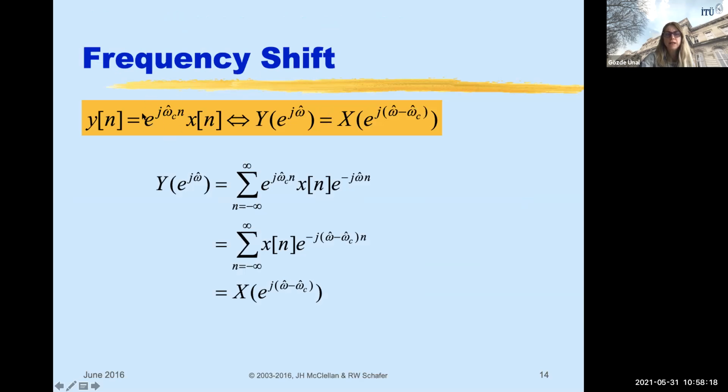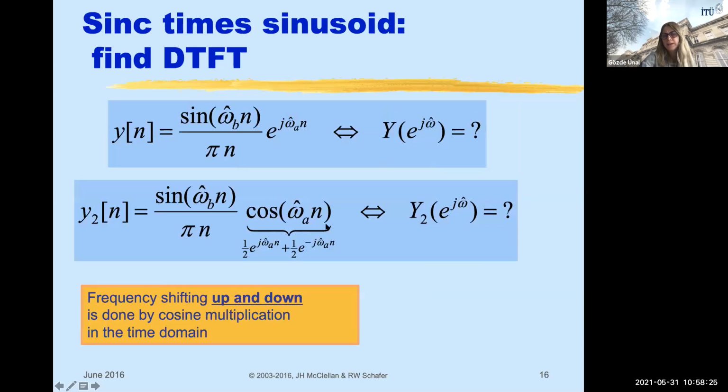Multiplying by a complex sinusoid shifts the Fourier spectrum. When I multiply by a cosine, it's a double-sided complex sinusoid, with two sides, so it gives me frequency shifting up and down. By Euler's formula, I can expand the cosine, and it introduces frequency shifts of plus omega hat A and minus omega hat A in the Fourier transform.